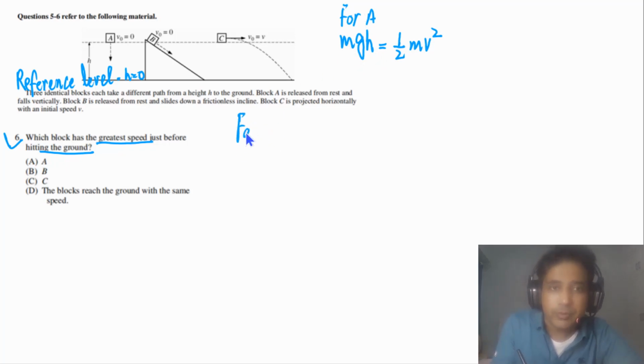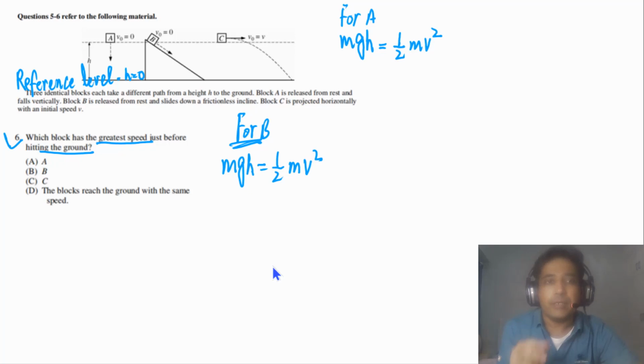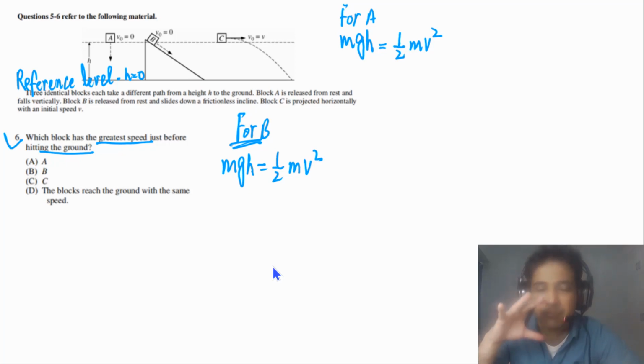For block B, we can also write the loss in GPE of block B. This is equal to mgh because the vertical height is the same, and the gain in kinetic energy will be equal to 1/2 mv squared.